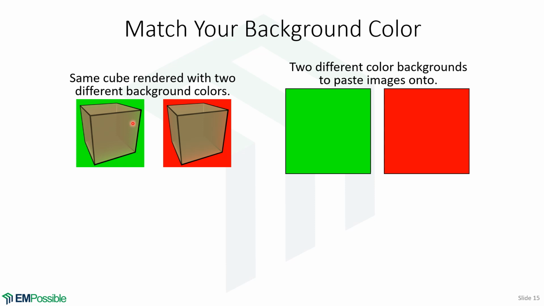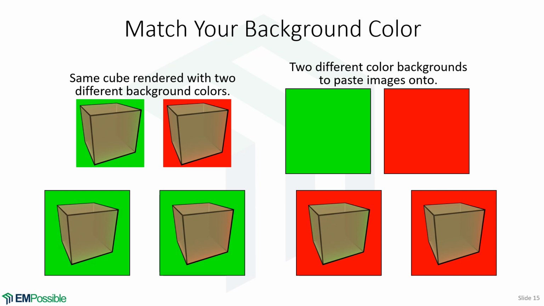And notice, if you're looking through this, I can see a little bit of the green looking through the object here. And in the same place, looking through the object, I can see a little bit of the red. Well, what happens if I take this cube, bring it into PowerPoint, maybe I click on the red to make that transparent, and then stick it on a green background, or vice versa?